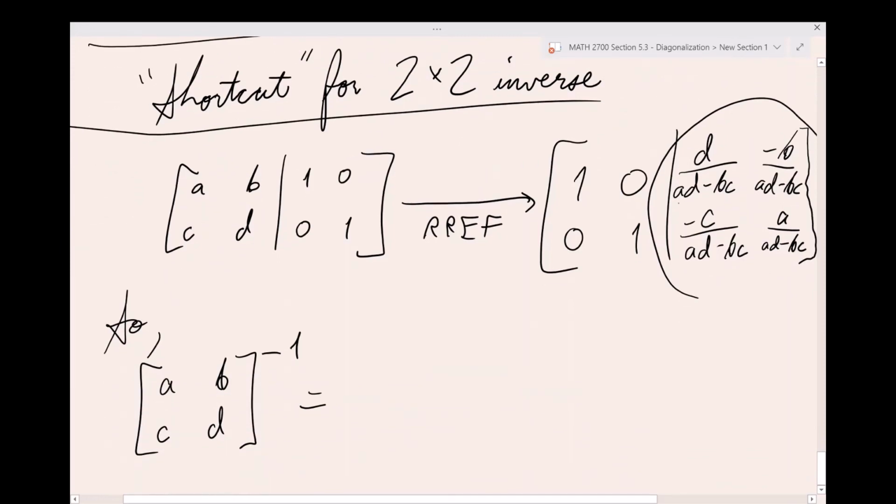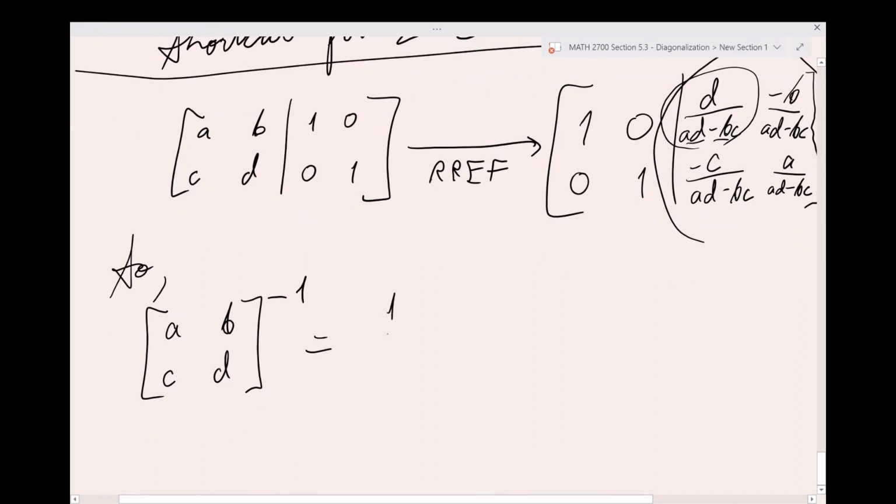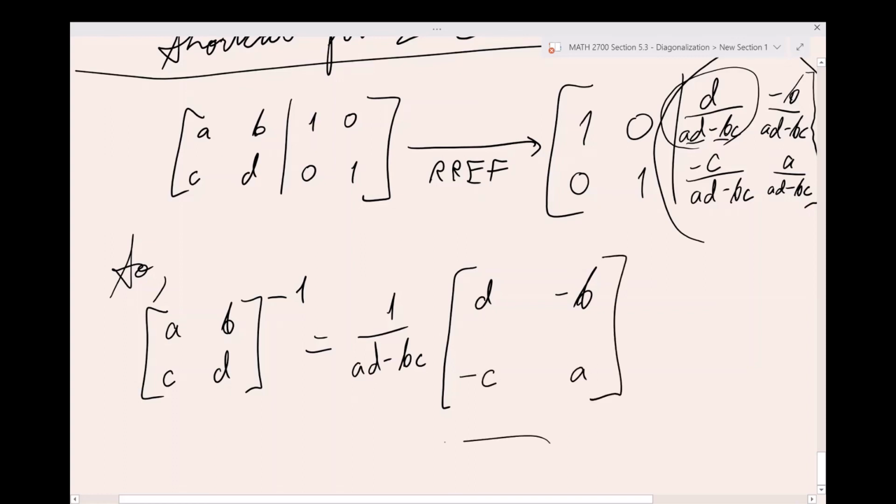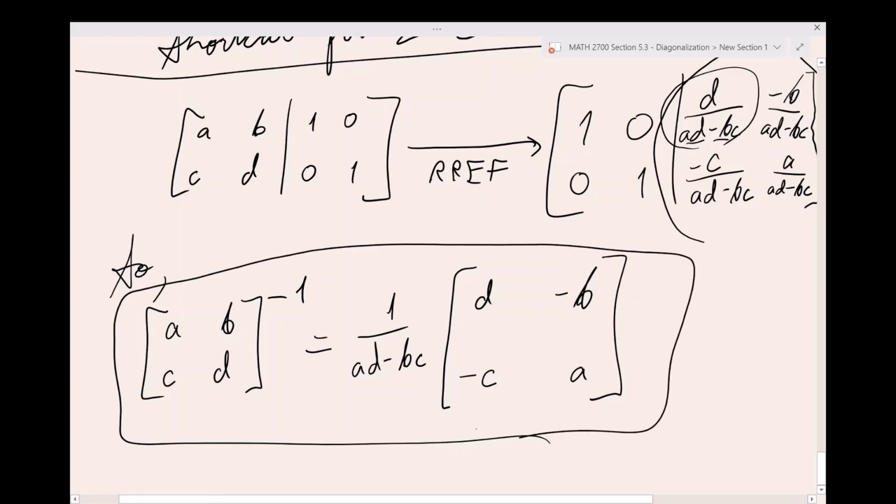But notice, each of these entries is just getting scaled by the same 1 over ad minus bc. And so I can pull that number out. And then what's going to be left is d, minus b, minus c, a. And so if I want to do an inverse for a 2x2, what can I do? These entries just get swapped.